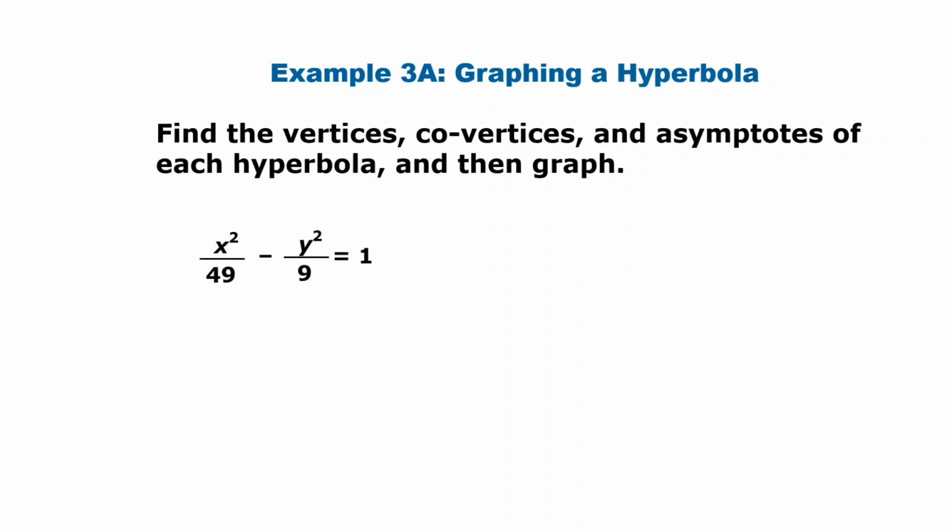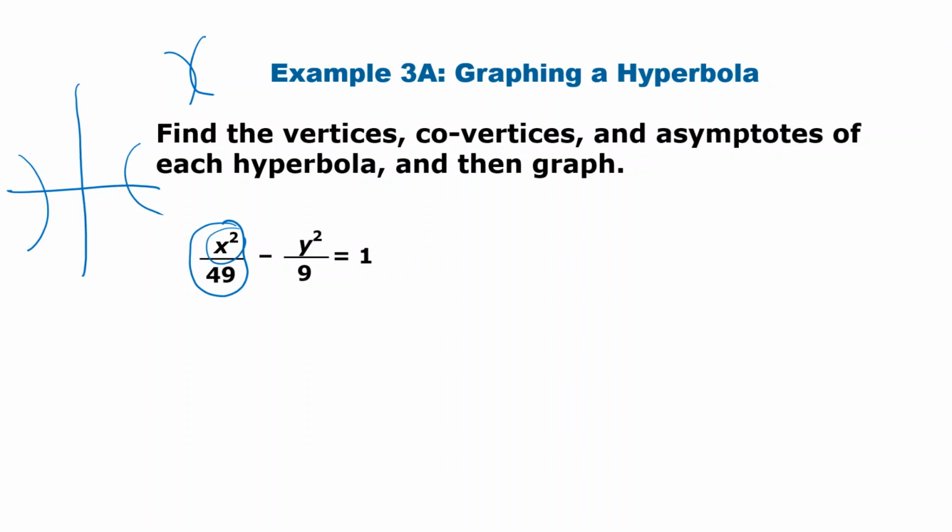All right, so let's try an example. It says find the vertices, covertices, and asymptotes of each hyperbola and then graph. So what I like to do first is actually graph it first because to me that just seems easier. The first thing I'm going to take a look at is what letter do I have first, and I have X first. So that's going to make my X shape. So I know that my transverse axis is going to be on the X, horizontally somewhere.